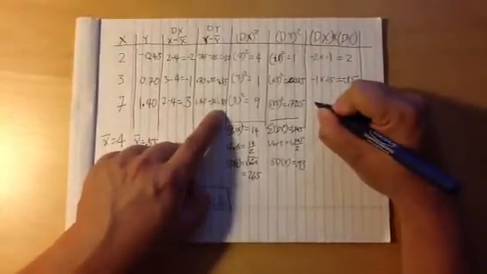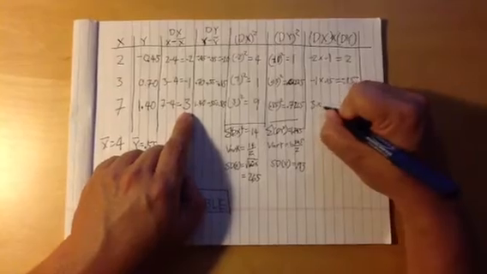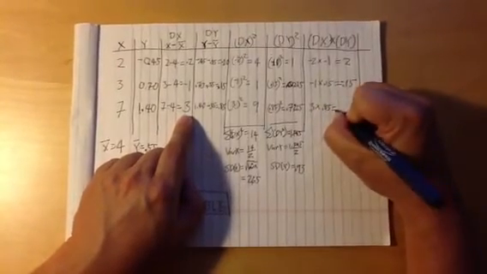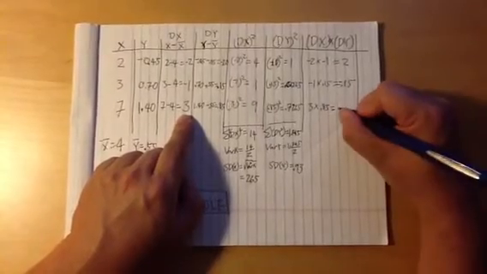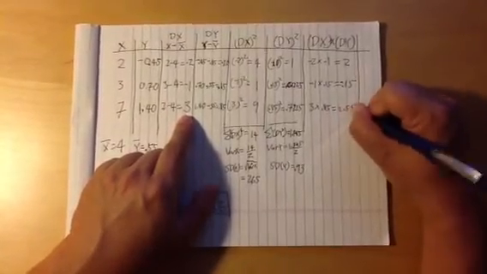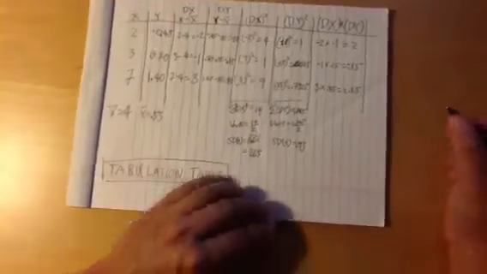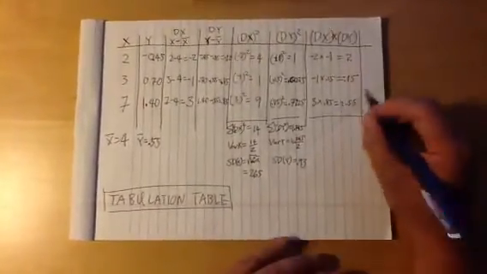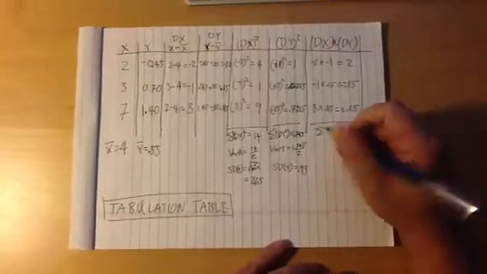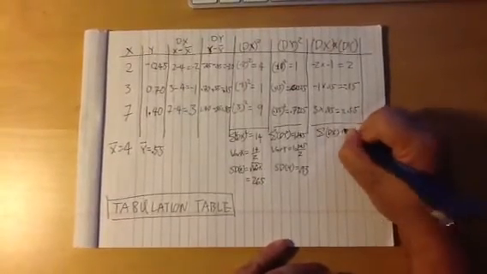And then 3 times 0.85, that is 2.55, okay? And so if you take the sum of these terms, the idea is you add up all the dx times dy.